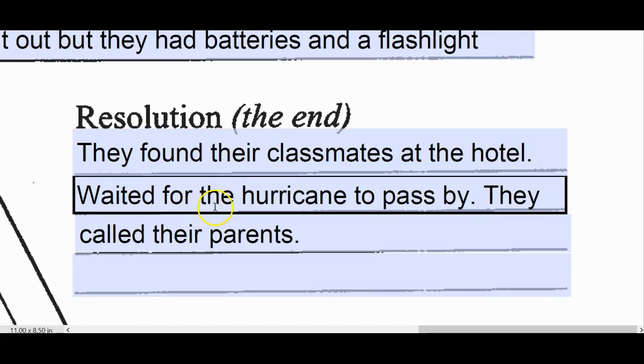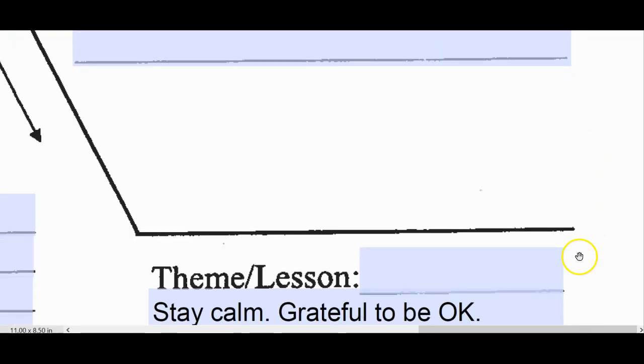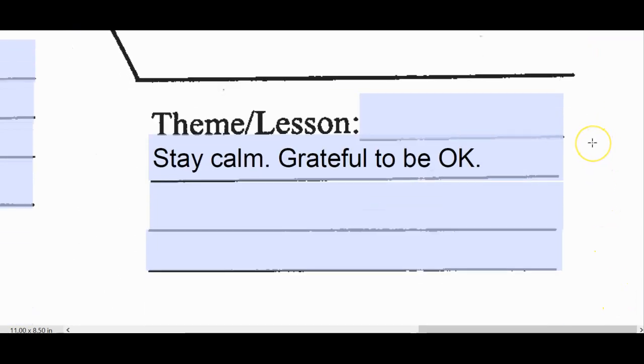They waited for the hurricane to pass by, and they called their parents. What's the theme or the lesson that they learned? To stay calm, and be grateful that they're okay. Now, am I just going to write to stay calm? No, I'm going to write it into my story with complete sentences.